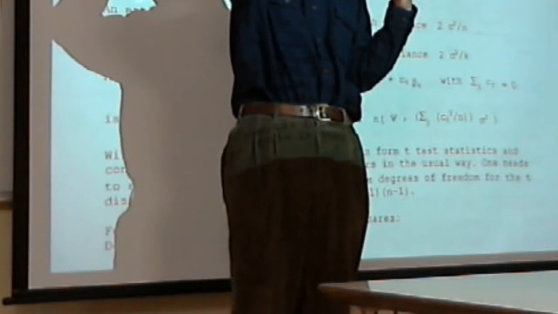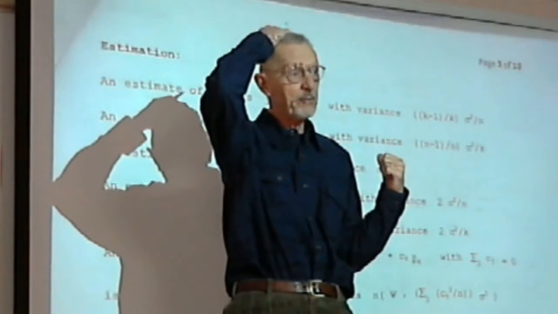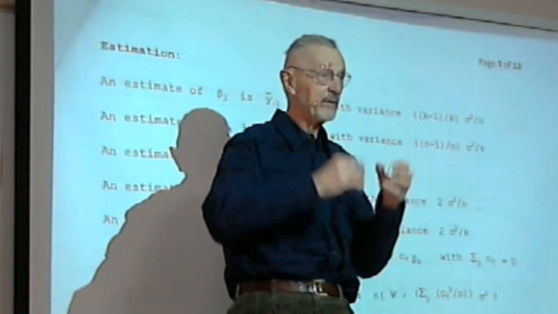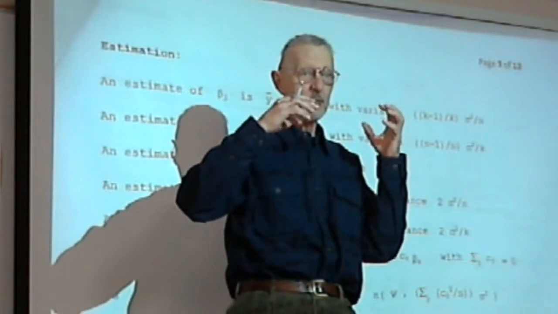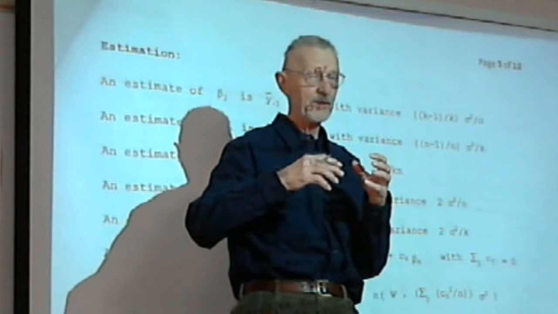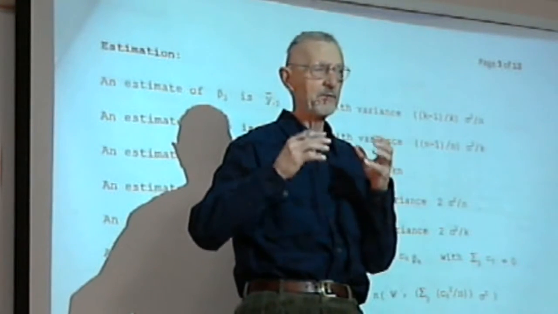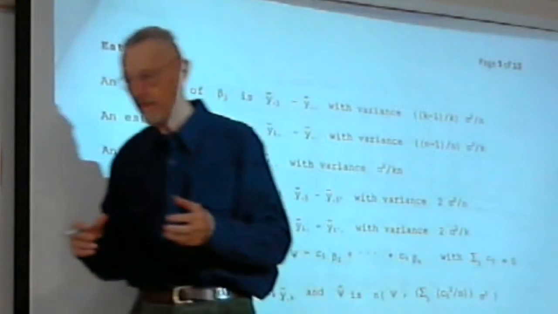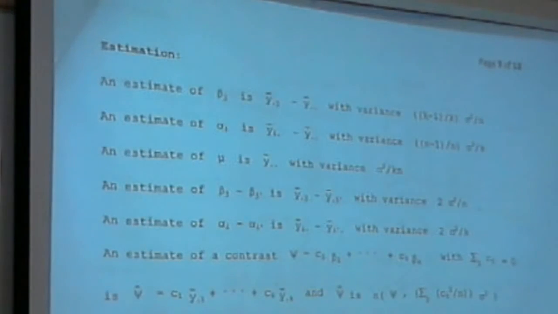We're going to have to know those variance formulas because they come up in the meat of the statistics. They come up in the confidence interval formulas. They come up in the t-test statistic formulas. So we need to know those variance formulas of various kinds of estimates. So this is the first instance, maybe not the first, but near the first.